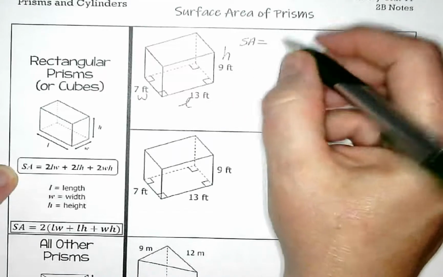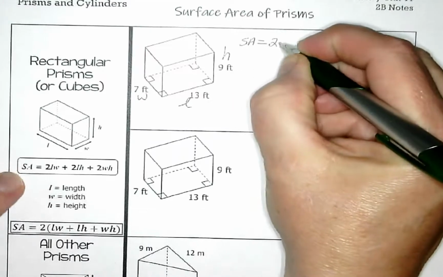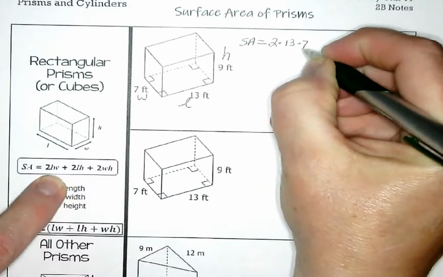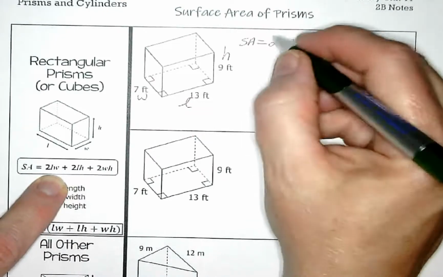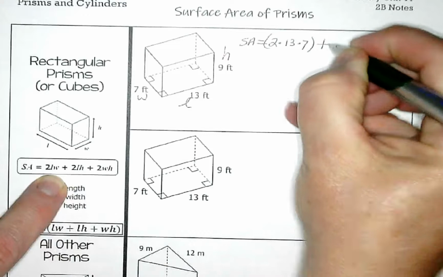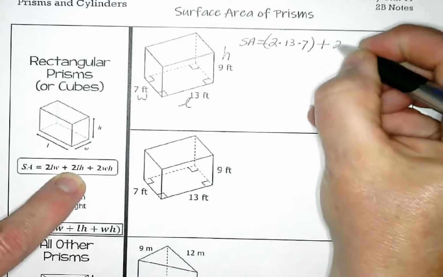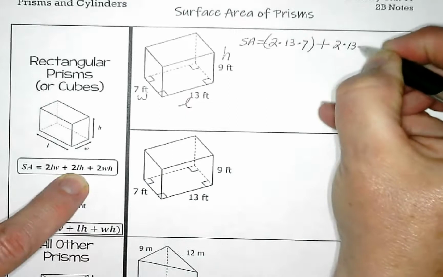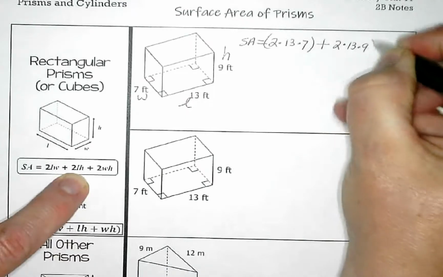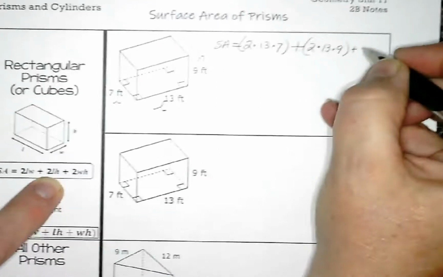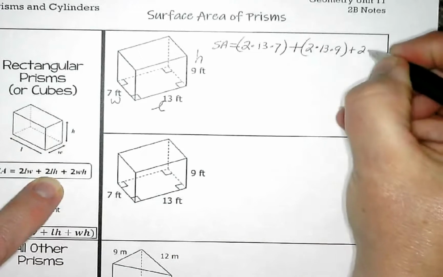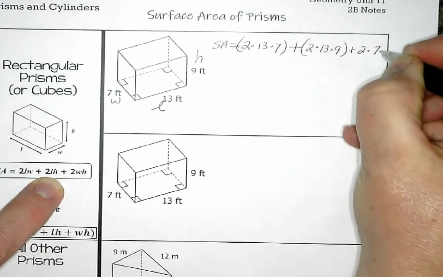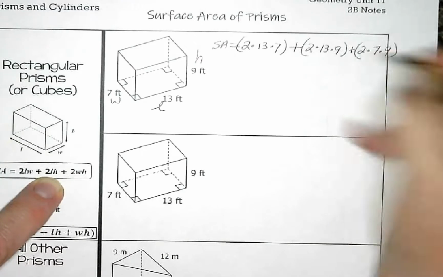So 2 times L times W, okay, there's the first one, plus 2 times L, which is 13, times H, which is 9, plus 2 times W, which is 7, times height, which is 9.